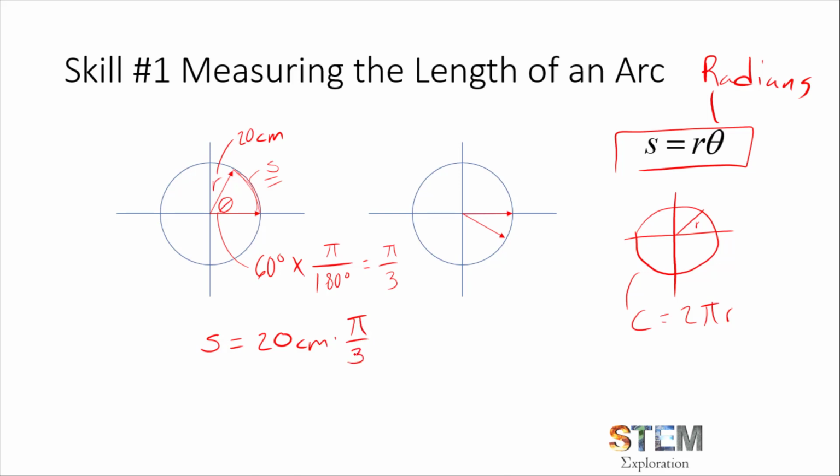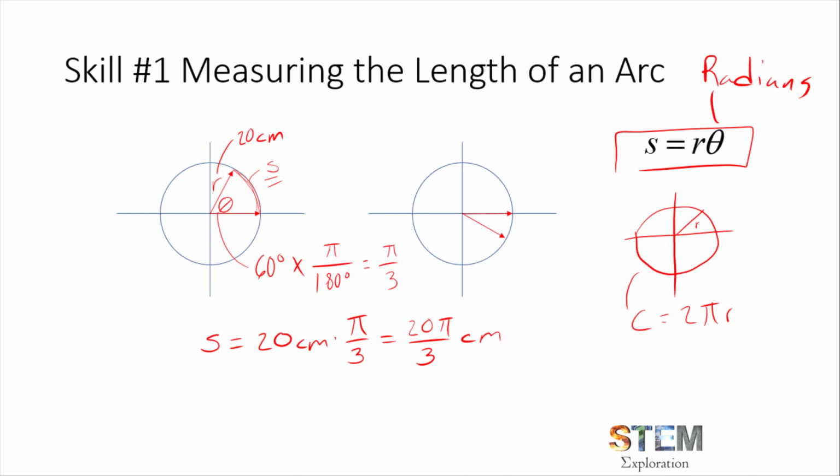We're only looking at pi over 3 of the 2 pi of the circle, because if we went pi over 3 six times, we would have the whole circle. So we're just taking that portion of the entire circumference, and we would find that the arc length is 20 pi over 3 centimeters.